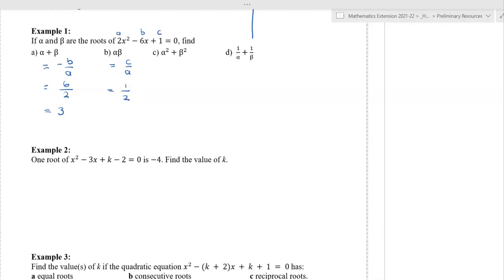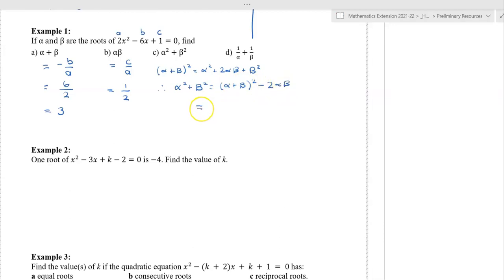Okay, a couple of harder ones now. How do I find alpha squared plus beta squared? Well, I'm going to have to use a little trick. I know that alpha plus beta all squared is alpha squared plus 2 alpha beta plus beta squared. I've just expanded that perfect square. So this would mean that alpha squared plus beta squared is the same as alpha plus beta all squared minus 2 alpha beta.